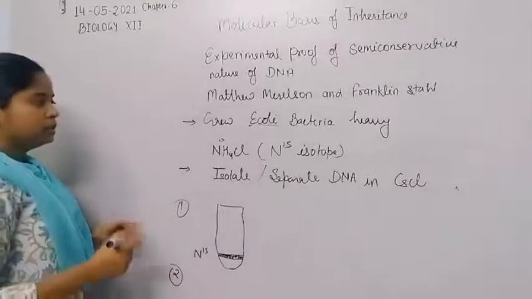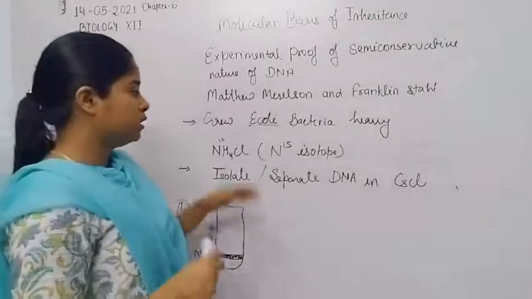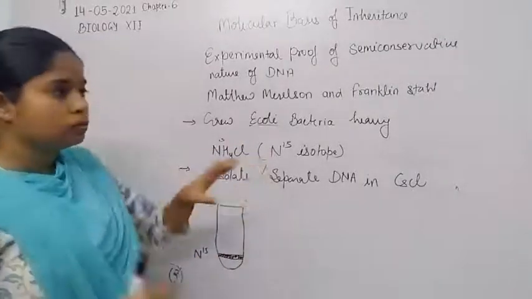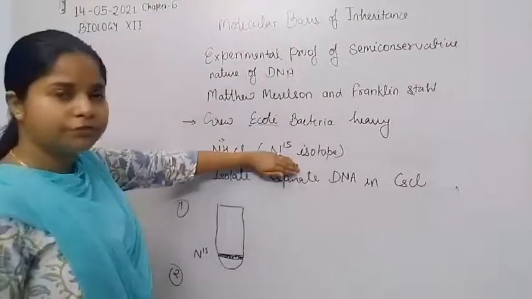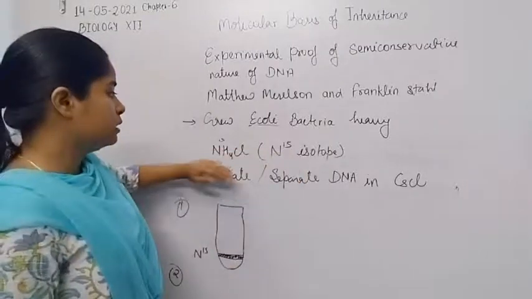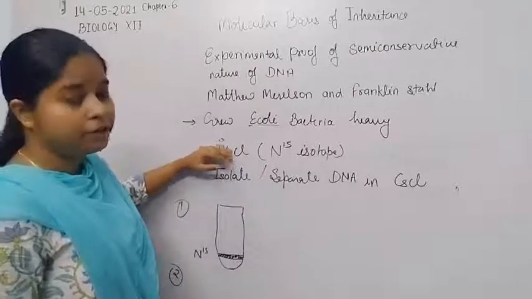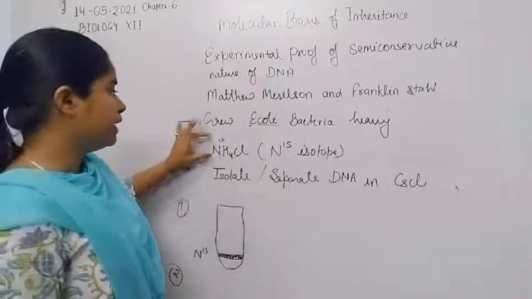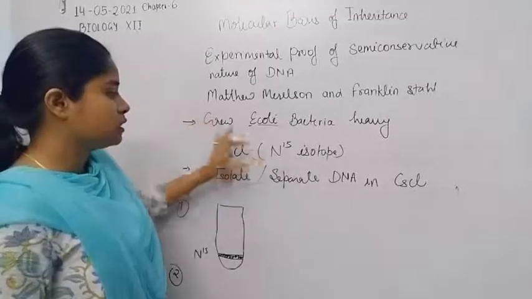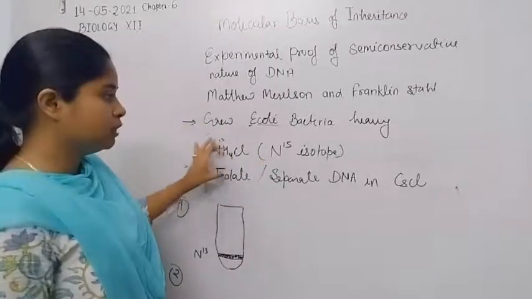immediately after the centrifugation, they also took some bacteria which they had previously grown in the N15 heavy nitrogen with ammonium chloride. Ammonium chloride has the heavy nitrogen. They grew them in the medium of heavy nitrogen.